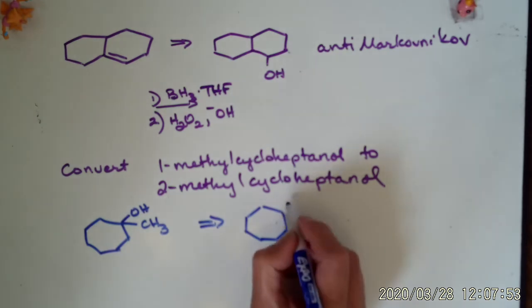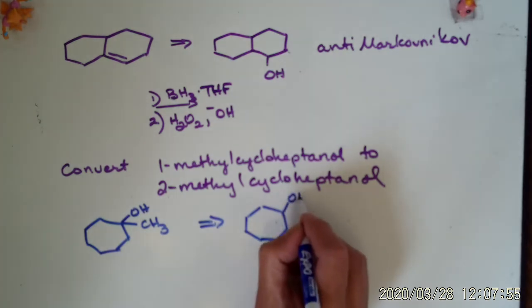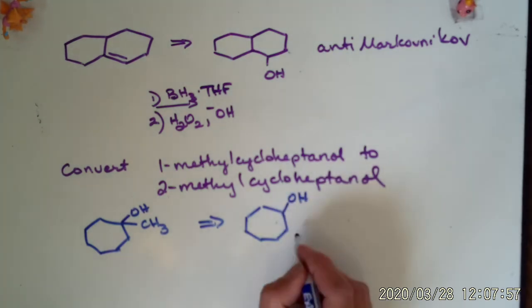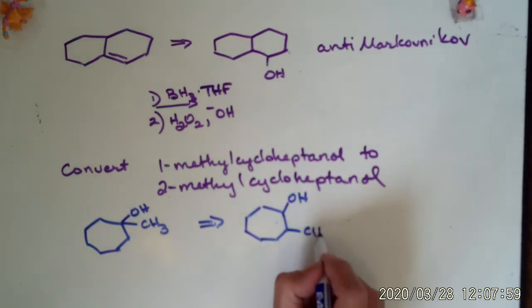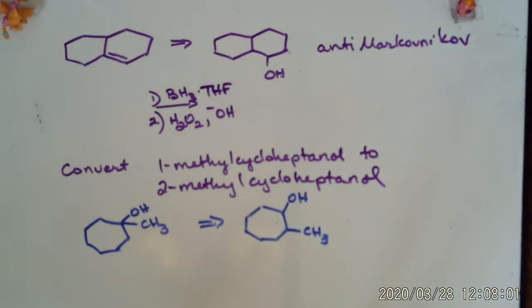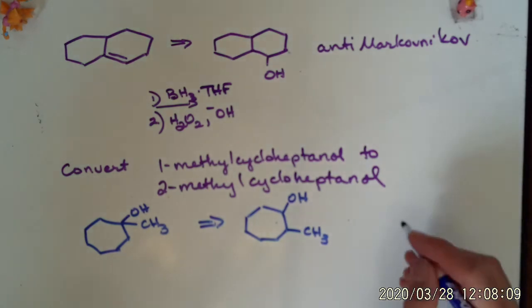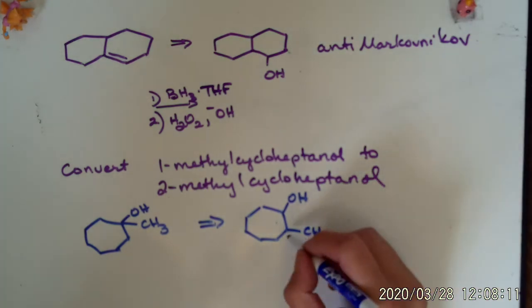Okay, and what I want to do, at the 1 position, have my alcohol. At the 2 position, have my methyl group. Okay, and like we've done in the past, what I'm going to do is I'm going to redraw this. Okay, and I'll tell you why in just a second. I'm just going to rotate this.